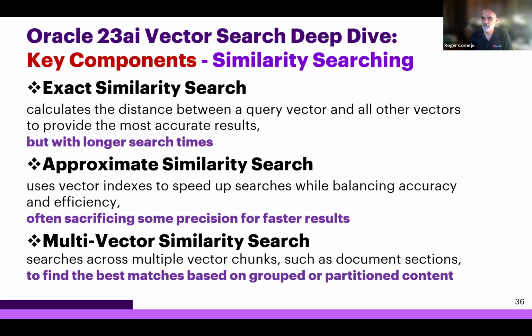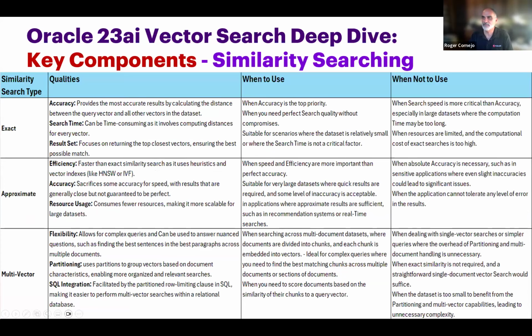And then the other one is multi-vector similarity search, which in a sense is another way of searching across multiple vector chunks and document sections. So a few things to consider there. This I'll leave as a reference as well, comparing and contrasting the different types of similarity searching, exact, approximate, and multi-vector, and when to use them and when not to use them.